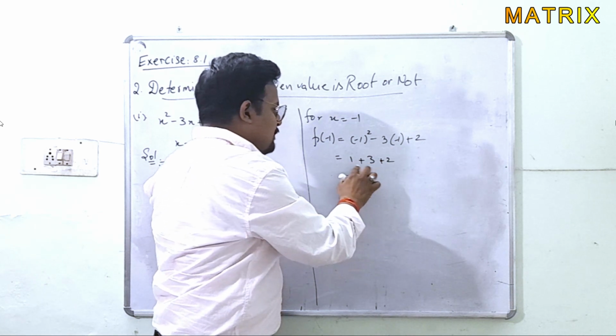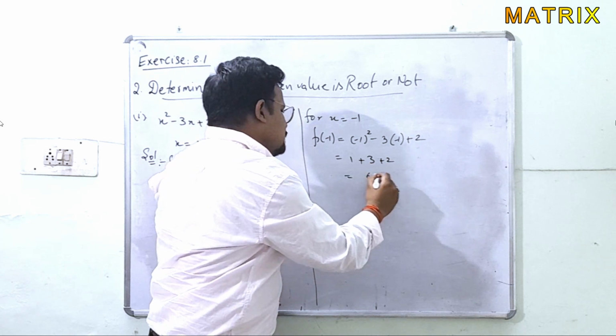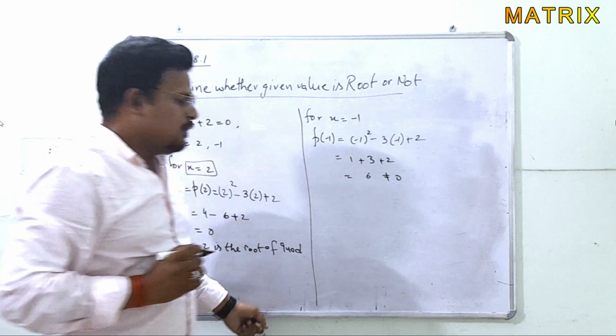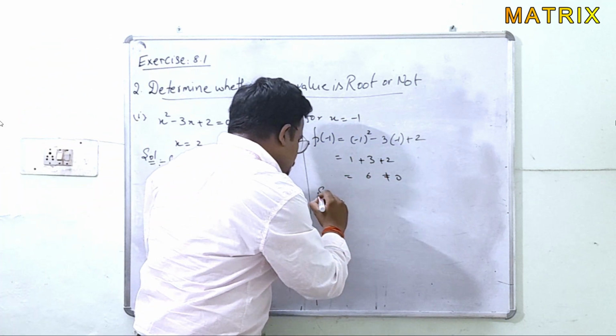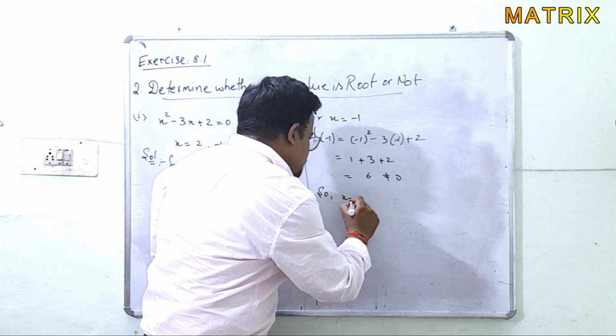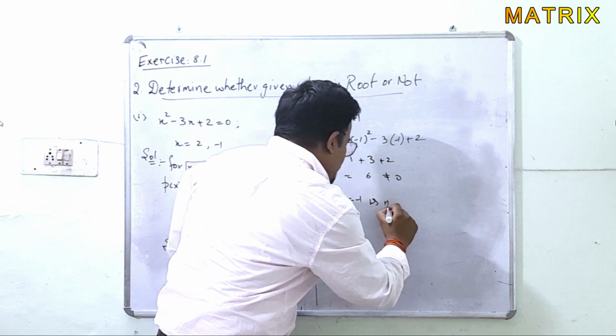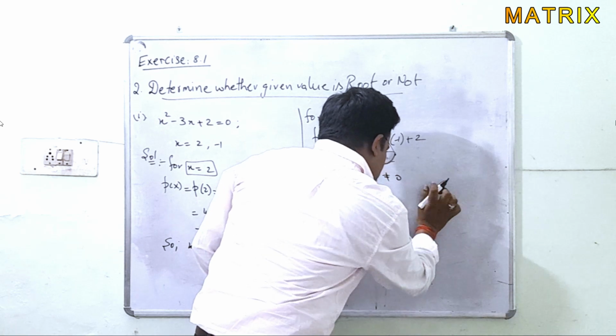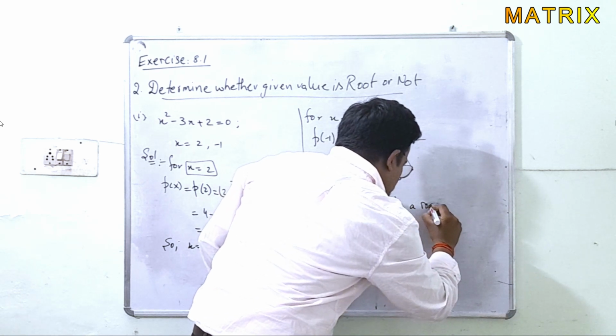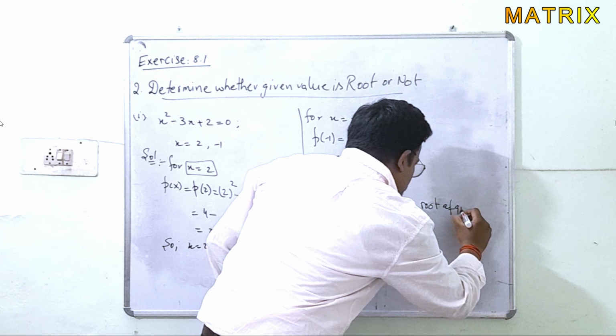It will be 1 plus 3 is 4, 4 plus 2 is 6, which is not equal to 0. So we can say this is not a root of this equation. So x is equal to minus 1 is not a root of the quadratic equation.